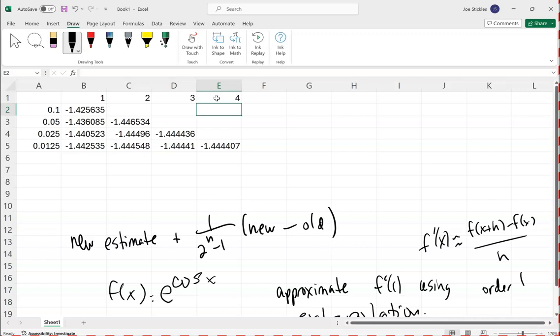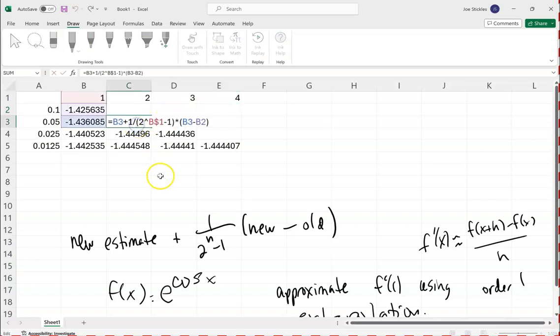Can you click on the C3 box? You've got a parenthesis off somewhere. You have a mid parenthesis in the wrong spot. We've got to close that off. So I have e to the cosine of x plus a.